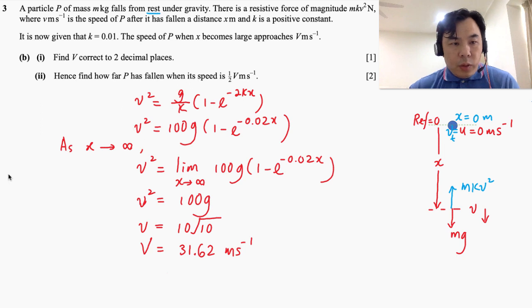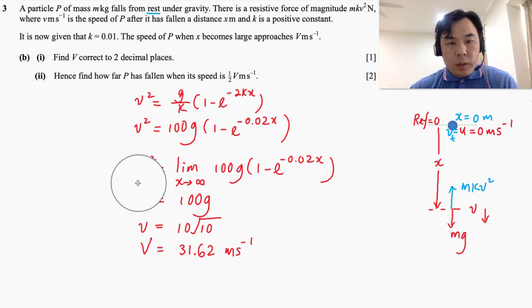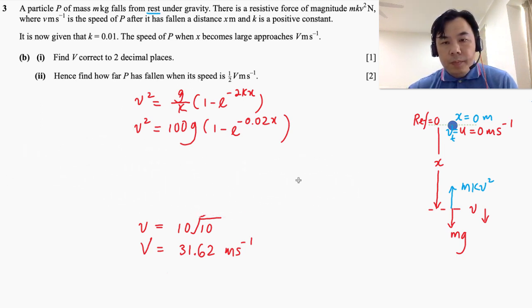We have a V squared over here, so I'm going to use that again. From here, when it has fallen to half of V, that would be half of V, we have it here.